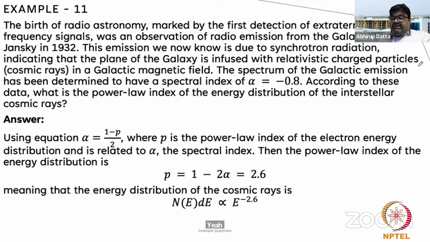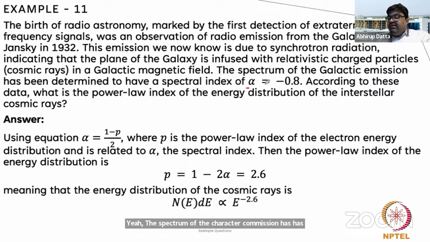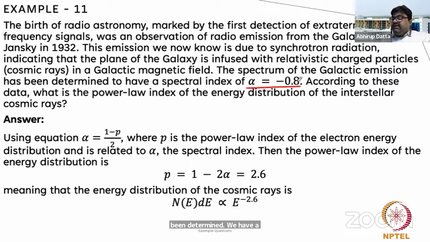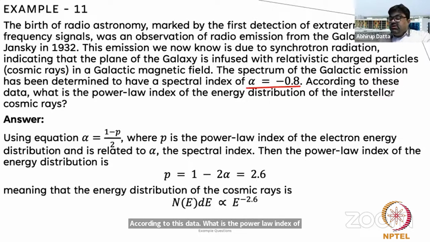The spectrum of the galactic emission has been determined to have a spectral index of alpha equal to -0.8. According to this data, what is the power law index of the energy distribution of the interstellar cosmic rays?